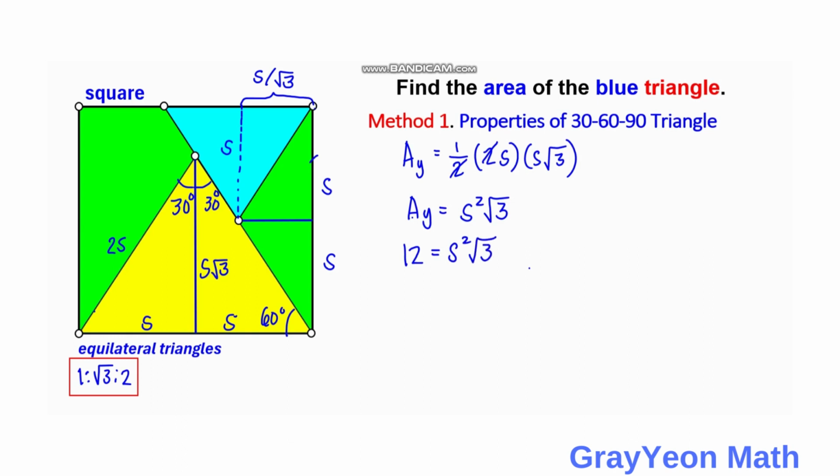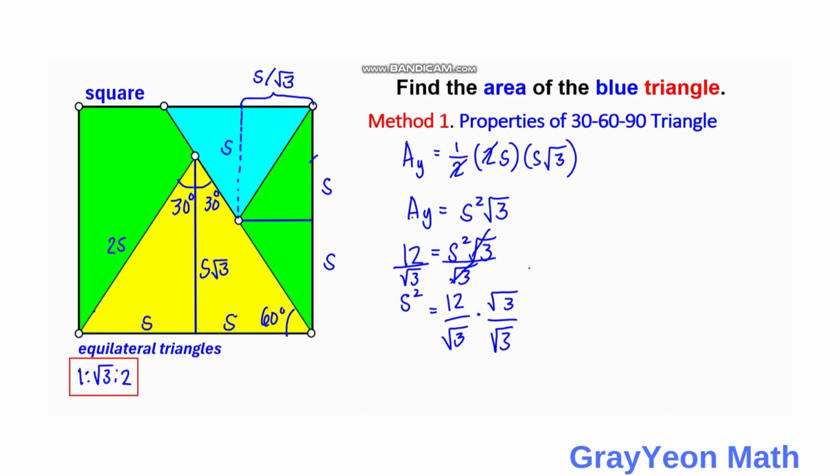With this, we want s squared. We just need to divide both sides by square root of 3. So s squared is equal to 12 over square root of 3. We rationalize this by multiplying by square root of 3 over square root of 3.